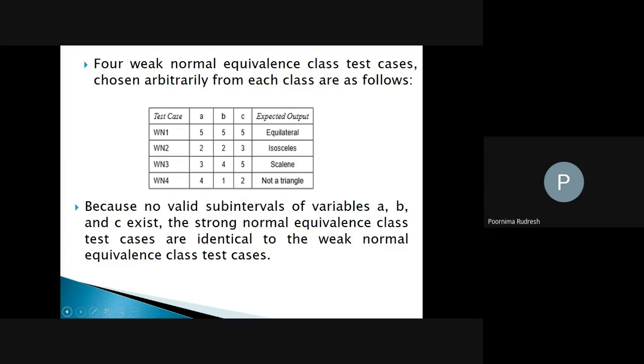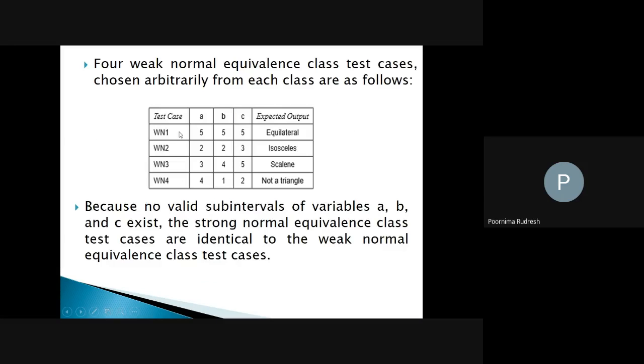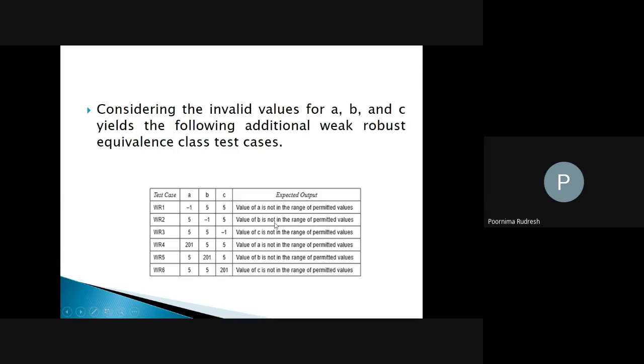So here we have the same test cases for the weak normal as well as strong normal. See, in this example, we have not considered the invalid values. All the test cases are constructed only for the valid values. Next, we'll consider invalid values.